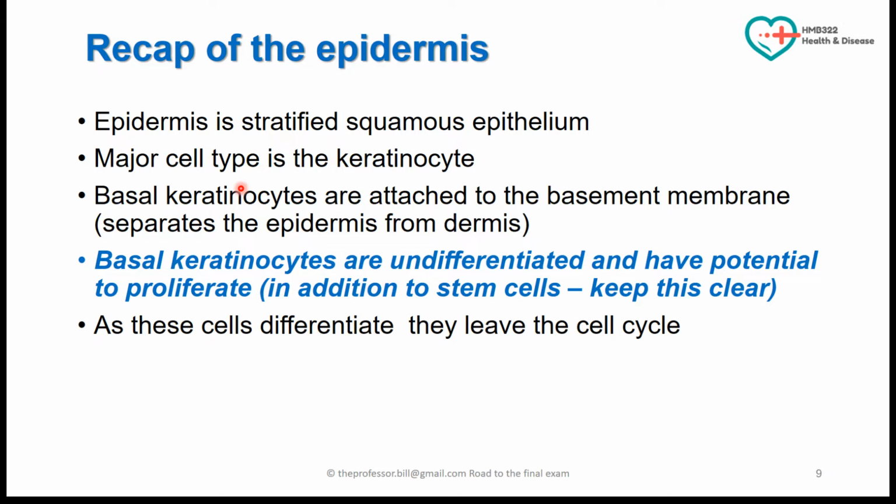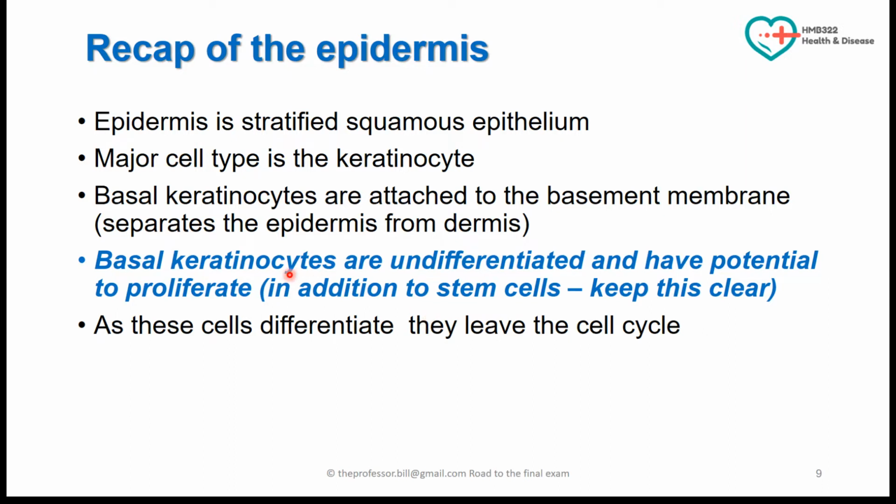Some of them are dying off, they become anucleated, we start shedding them, but the majority of the cell types that we find are indeed these keratinocytes. These basal keratinocytes, by the way, the ones at the very bottom that begin this process of forming your skin, are the ones that are stuck to the basal lamina or the basement membrane. And again, this is the layer that separates the epidermis from the dermis.